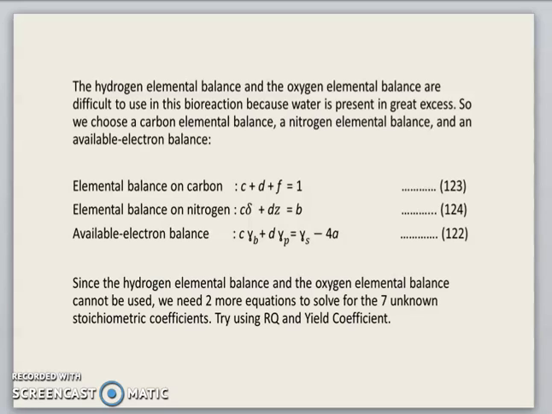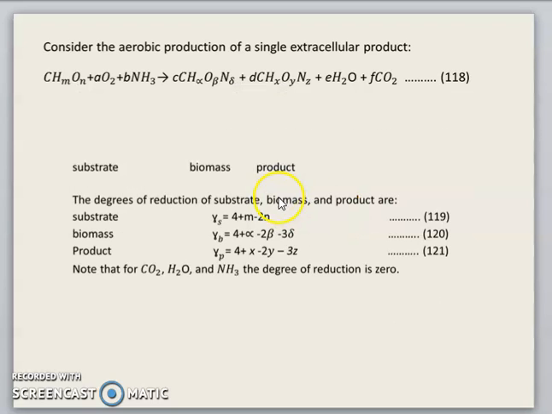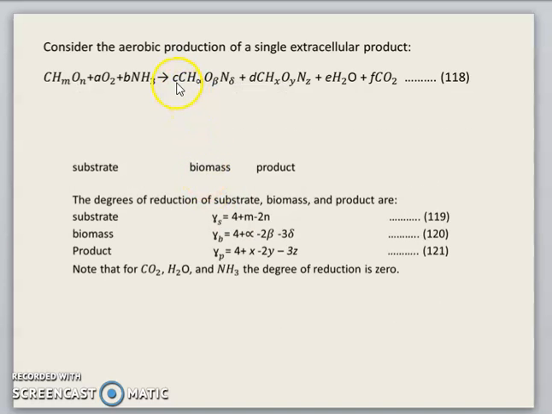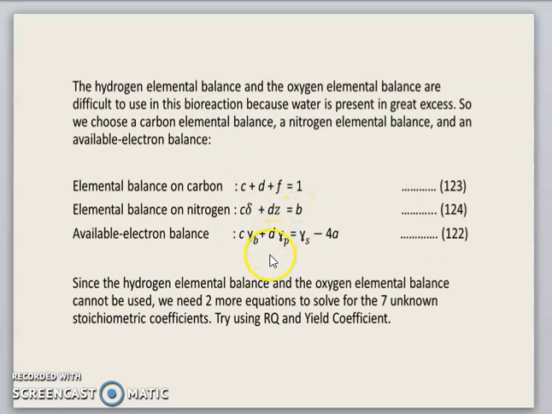All these equations come from the stoichiometry, based on the element of carbon, the element of nitrogen, and the available electron balance, which is the carbon times the overall degree of reduction for the compound, whether it is a substrate, product, or biomass.